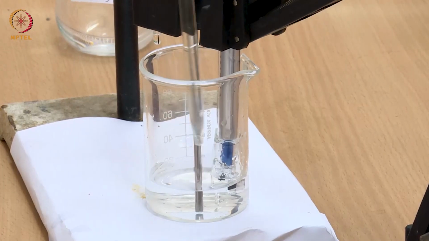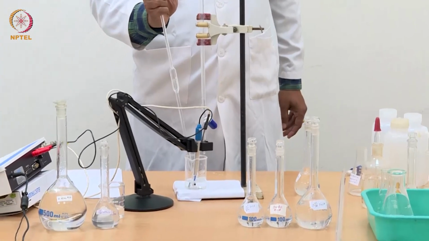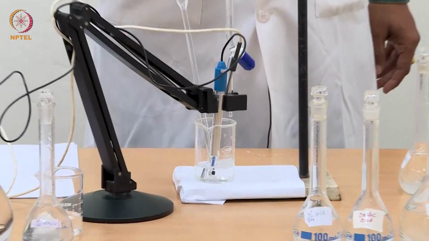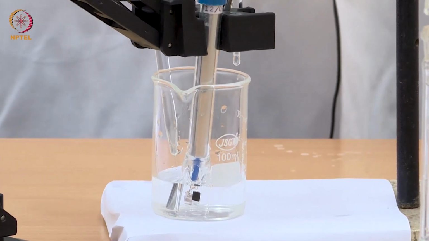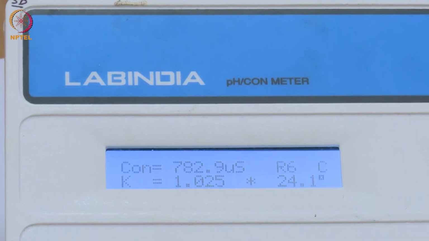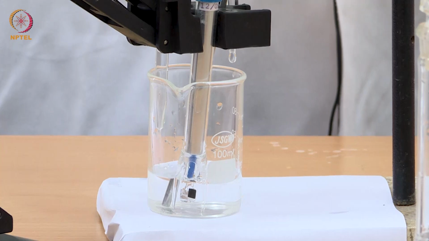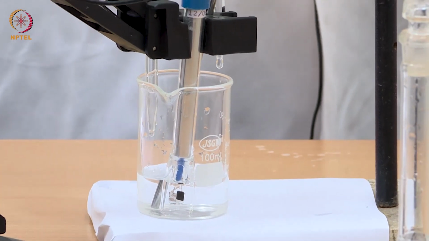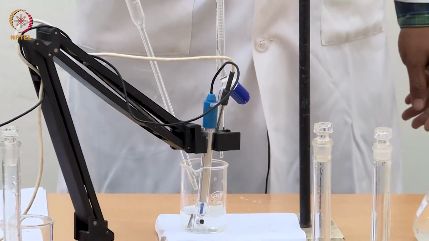As soon as I start adding this solution, you will see that the conductance of the solution is changing. It will be increasing, so it will take a while for the instrument to stabilize and equilibrate to the correct conductance of the solution, which is a solution of triple mixture.